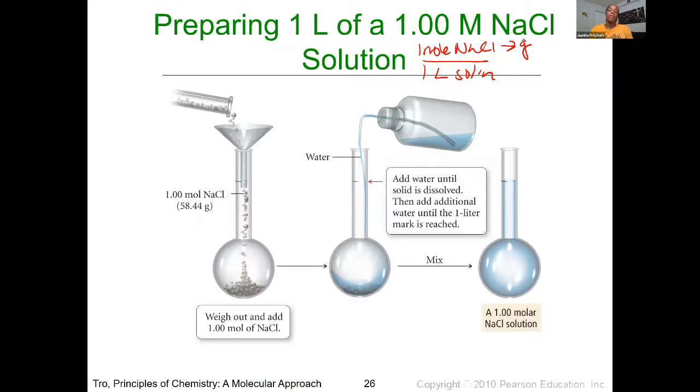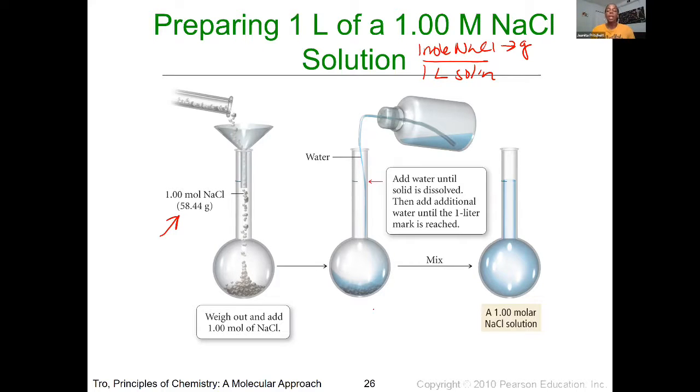In this case, if we have 1 mole of NaCl, that's equivalent to its molar mass of 58.44 grams of the material that would be needed. So we would weigh that out and then transfer it into a flask, preferably a volumetric flask, which allows us to accurately measure the actual volume. We then add enough water into the flask to first just dissolve whatever solute we're putting in there.